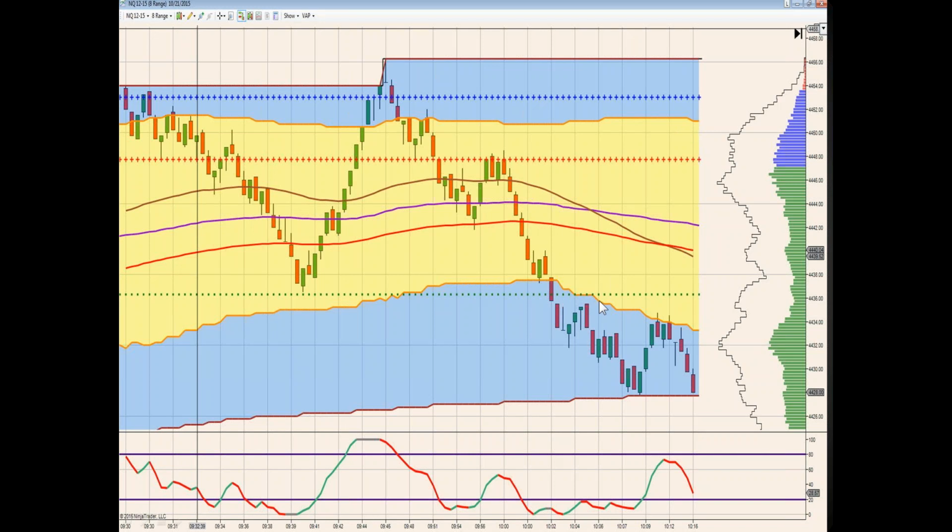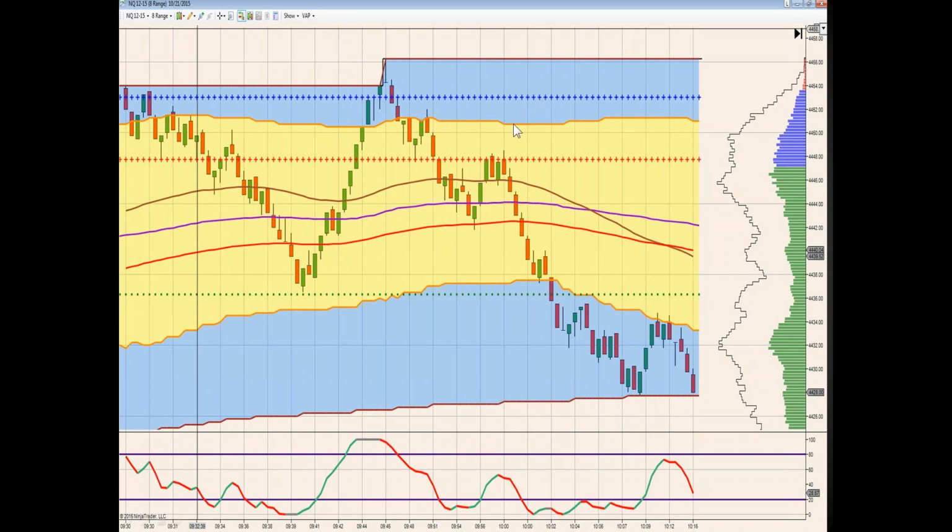On this chart, I've got the low value area here coming out of the yellow, and then here is the next low value area. In blue here, I've got the high value area from yesterday.